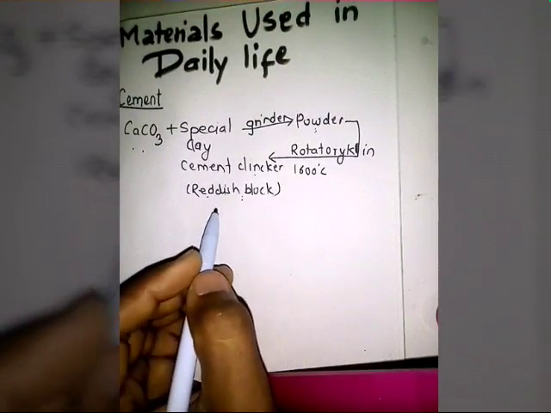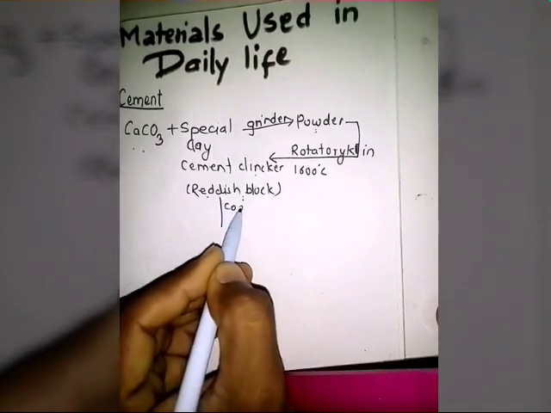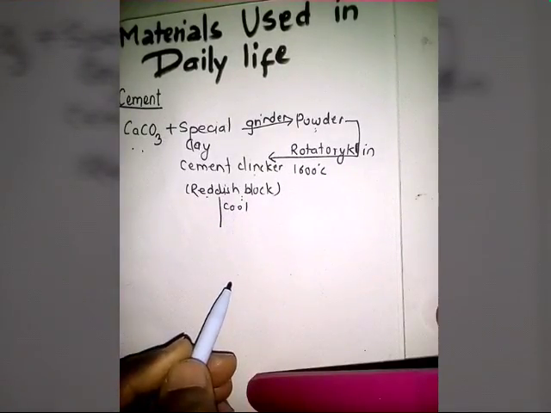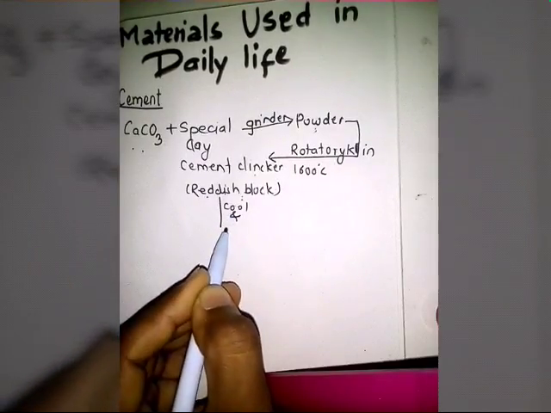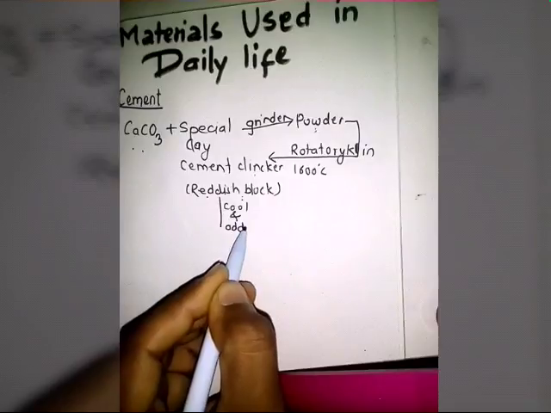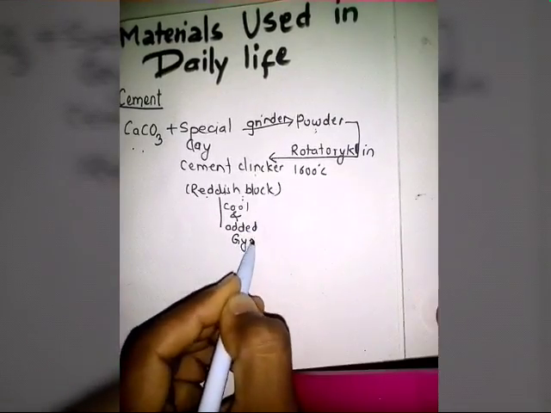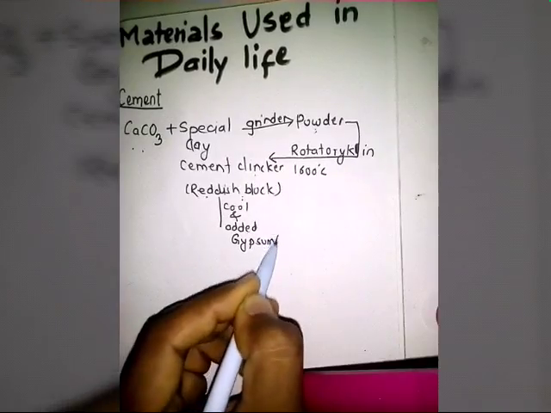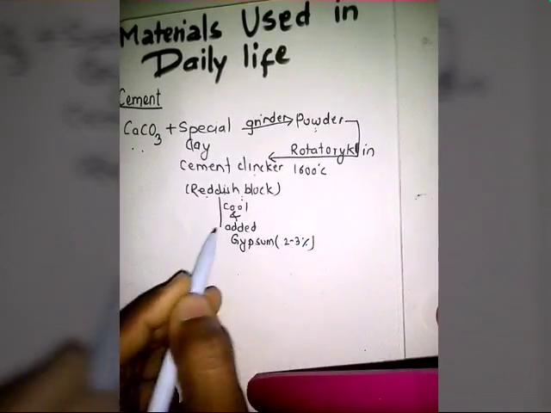So what is done after this? It is cooled by passing cool air. And after cooling, gypsum is added. About 2 to 3% gypsum is added.